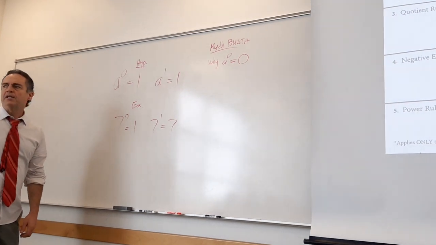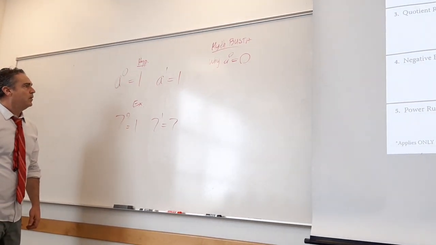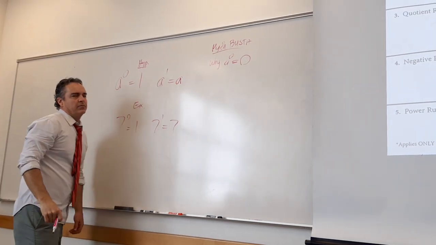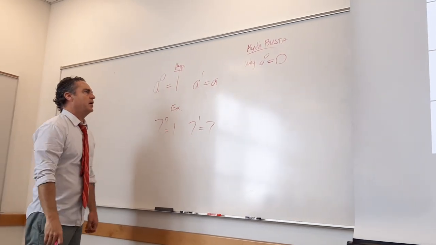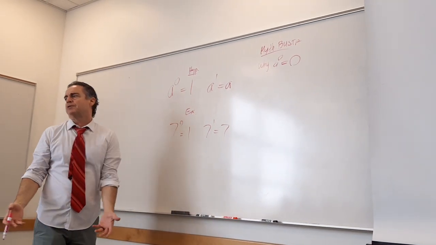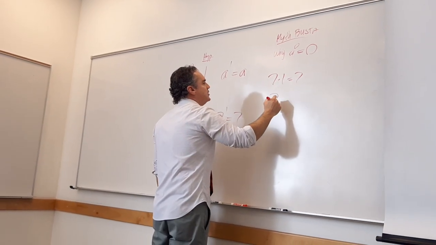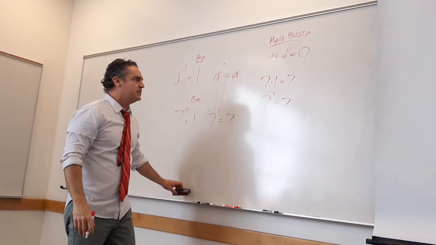Underneath this, it says A to the first equals A. Sorry, that should be A. Thank you. A to the first equals A. That's right, because just like 7 times 1 equals 7, well, 7 to the 1 equals 7 as well. They behave similarly in that instance.